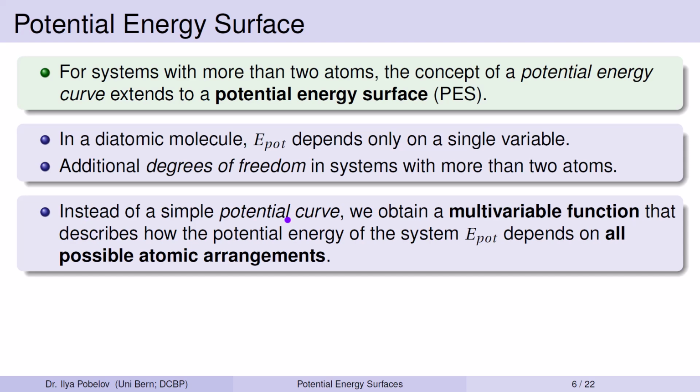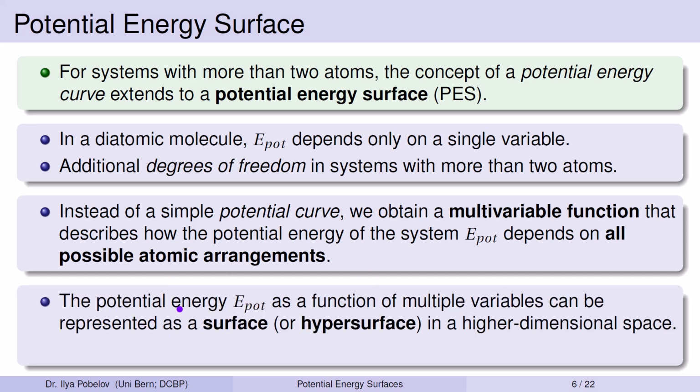Instead of a simple potential curve, we obtain a multivariable function that describes how the potential energy of the system depends on all possible atomic arrangements.